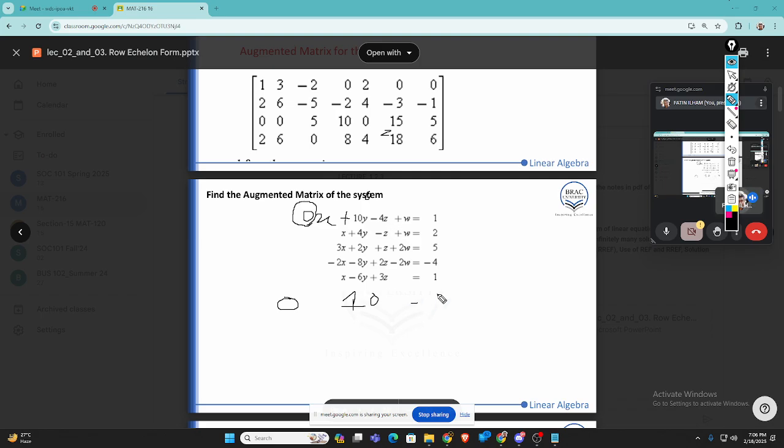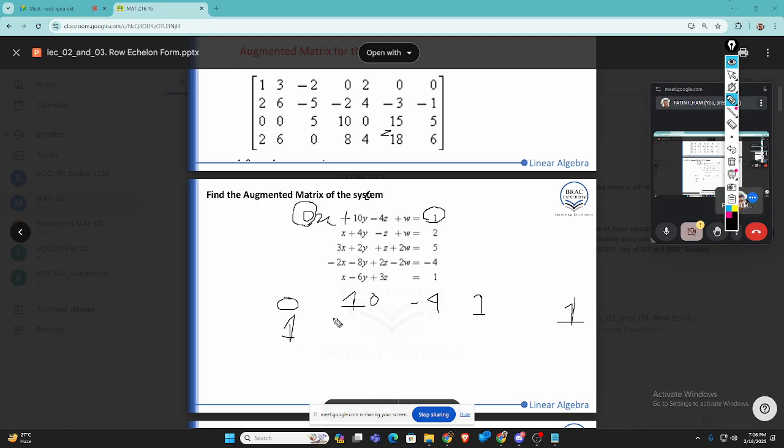minus 4. Now we have another variable which is w. So w's coefficient is 1 and the right side is 1, so we write it separately so we don't mix it up.